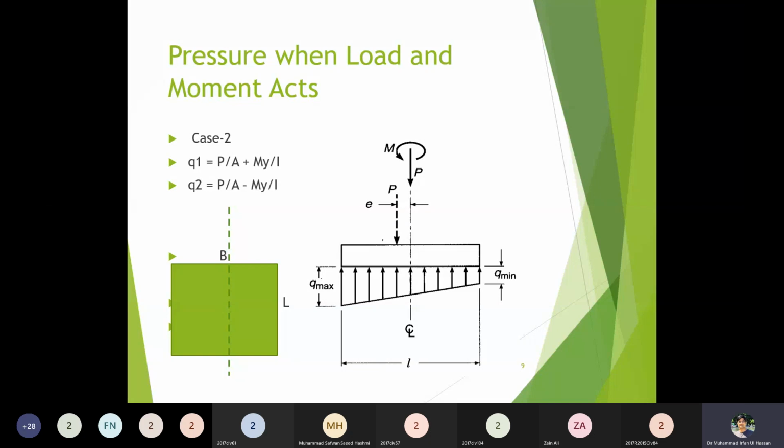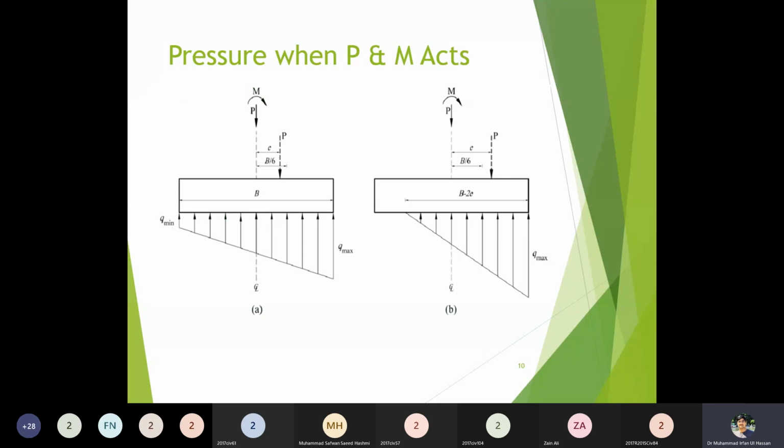But when in the second equation minus My over I increases, then the flexural tensile stress will increase beyond the compressive stress P over A. So the negative pressure will increase, and this will develop tension on one side of the footing.